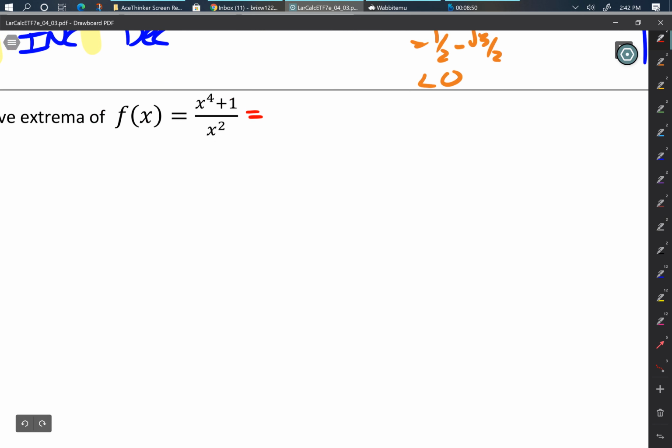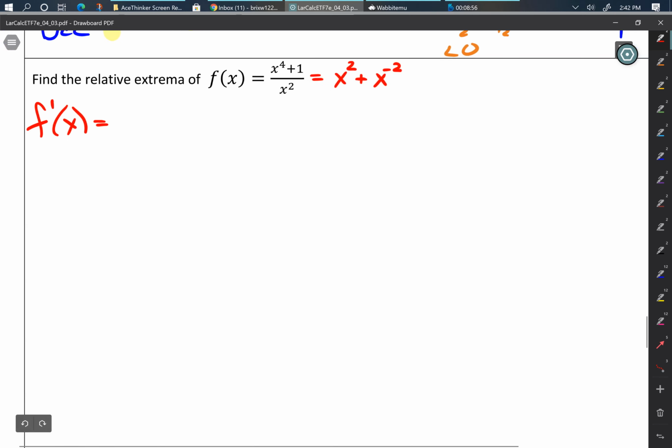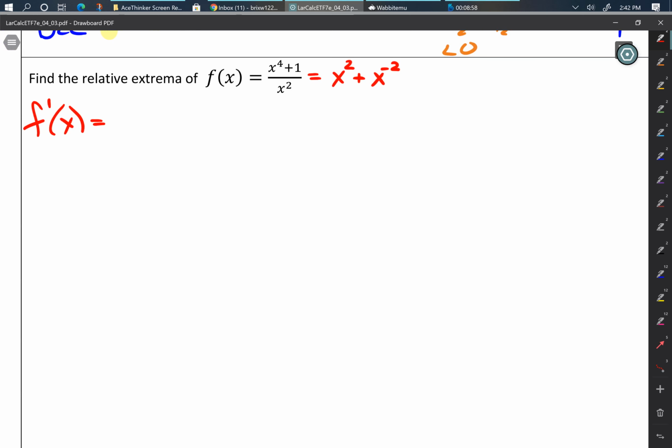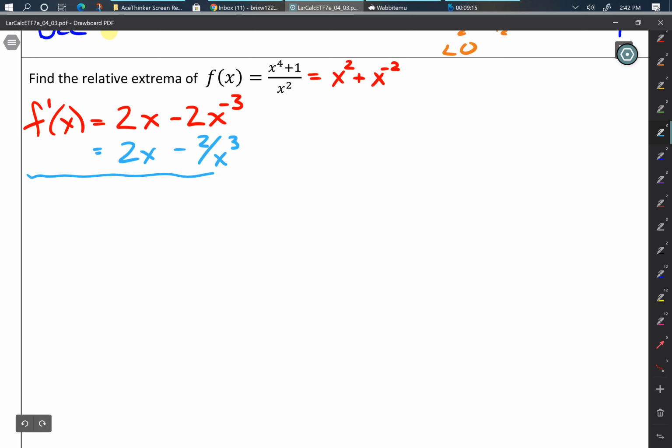So can I rewrite this as x squared plus x to the negative 2 and work from there? And then when I take the derivative, I get 2x minus 2x to the negative 3 for my derivative. Okay? Now, if you prefer, we could rewrite that and call that 2x minus 2 over x cubed. And maybe that'll make finding those critical numbers easier.